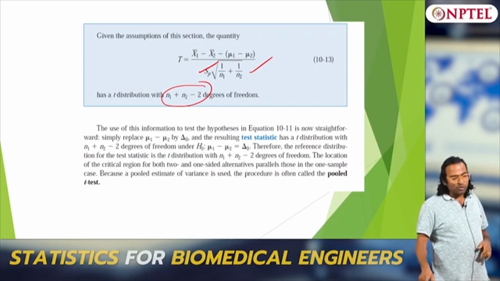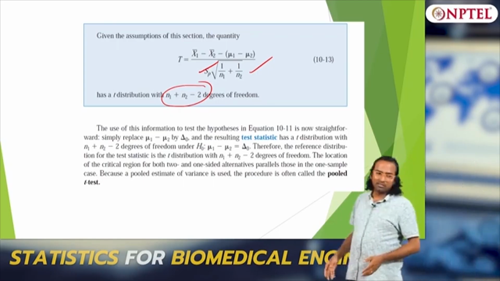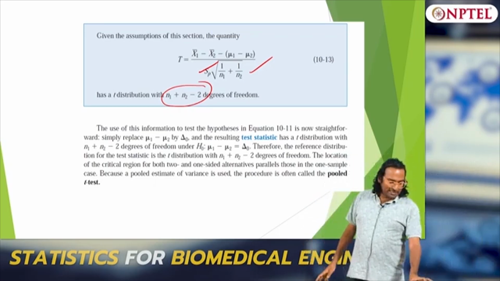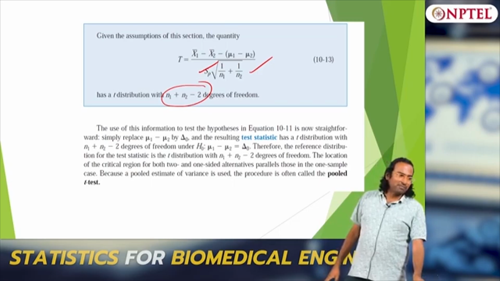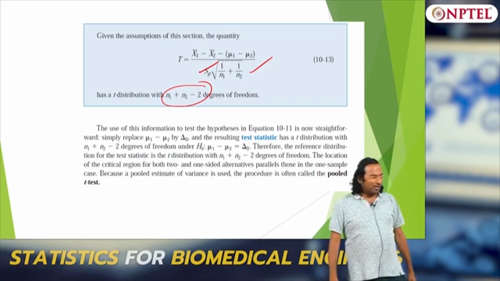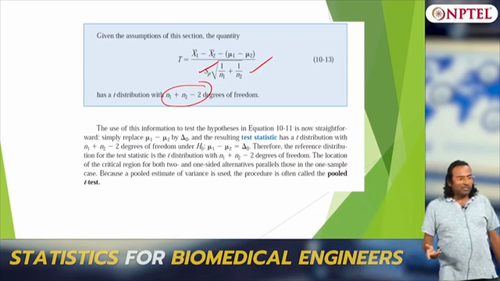It is a T distribution with degrees of freedom what? N1 plus N2 minus 2. If N1 plus N2 minus 2 is greater than 30 it automatically becomes a normal distribution. Typically N1 plus N2 minus 2 will be greater than 30. That means even if you do not collect 10 samples, what is it, 15 samples, right?